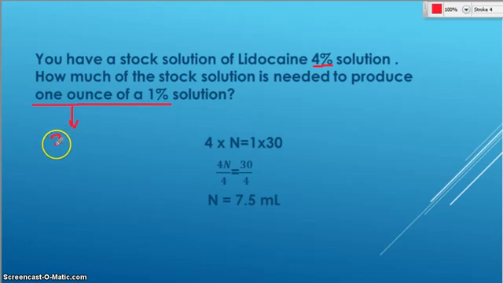So 1 ounce is 30 milliliters. And I want to produce 1% and 30 milliliters of it. And I'm going to use the 4%. So 4N is going to equal 30. Divide both sides by 4 to get my final quantity of 7.5 milliliters.